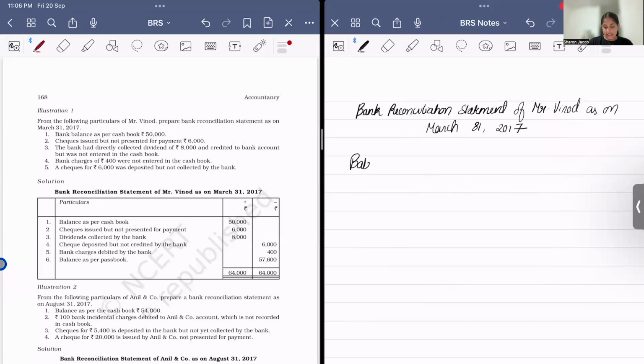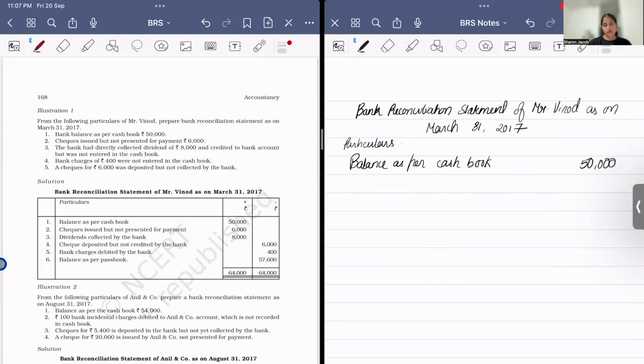Now, balance as per cash book. What is given? 50,000. I had told initially that a few things we will add and a few things we will subtract. Now, before that, I missed out particulars because you're so used to just teaching. Okay, particulars. Bank balance as per, we will just use one column.